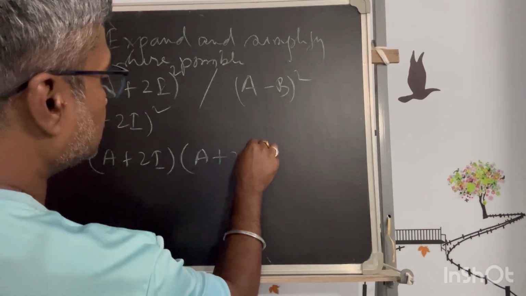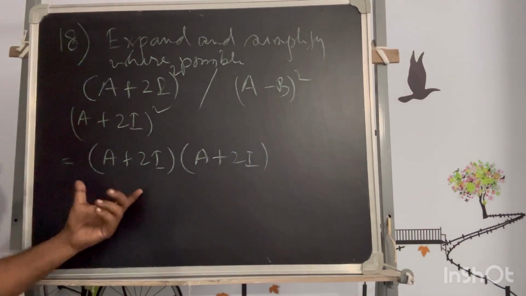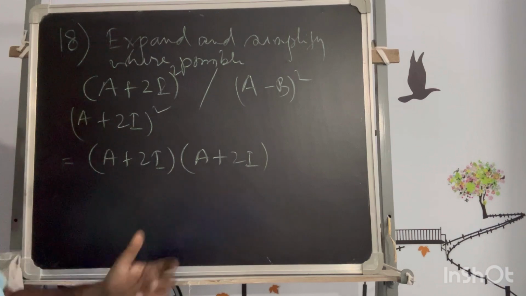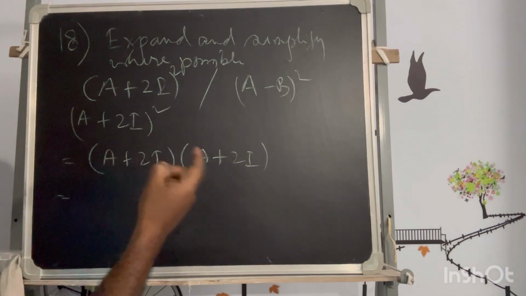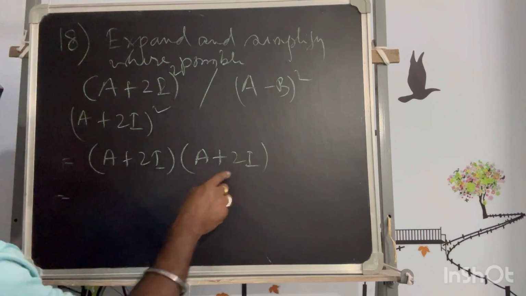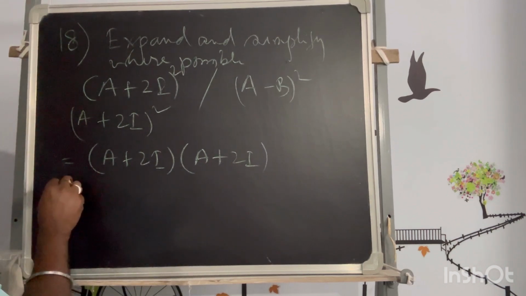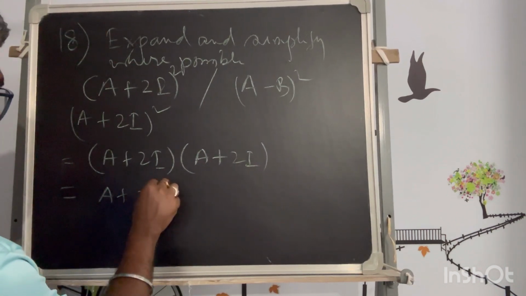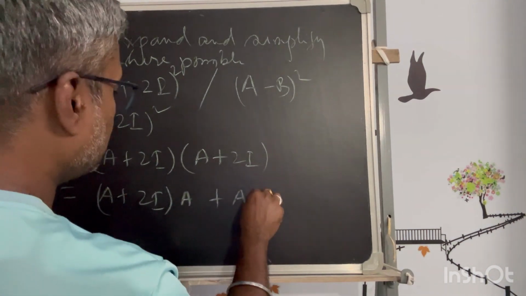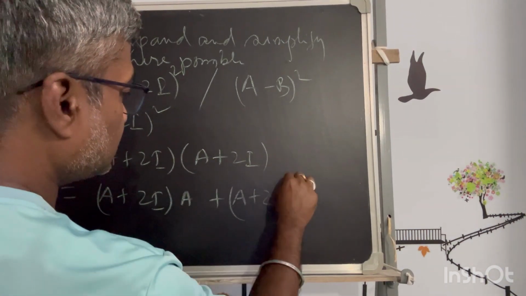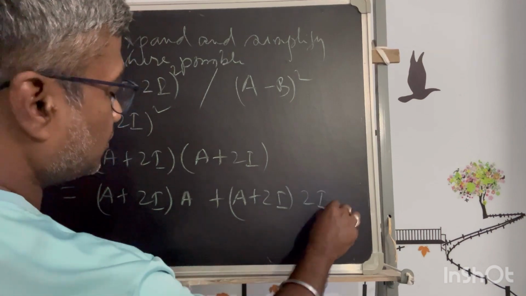This is okay because we are multiplying the same thing, keeping them side by side. For multiplication and summation, this rule is associative. Associative means I can multiply without changing the orientation or order.